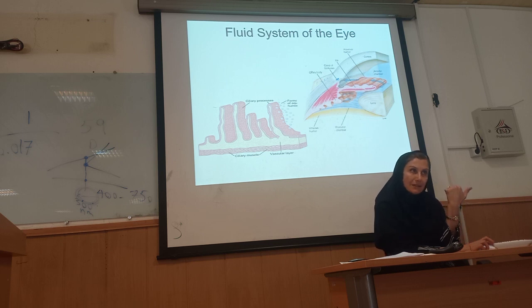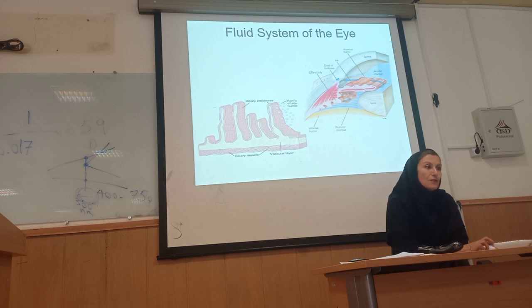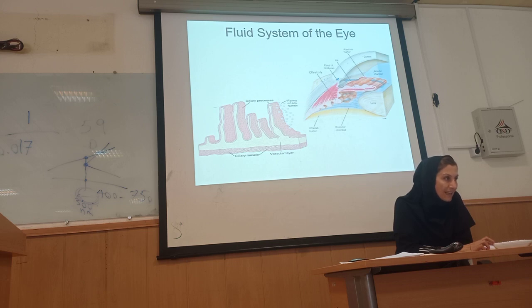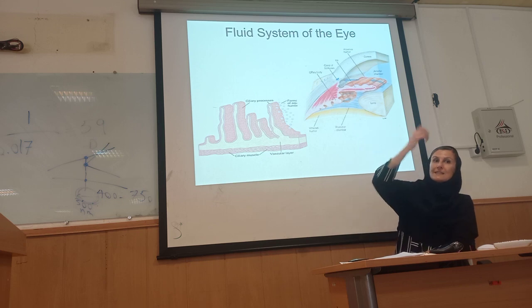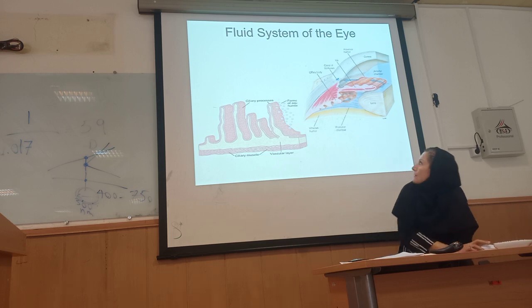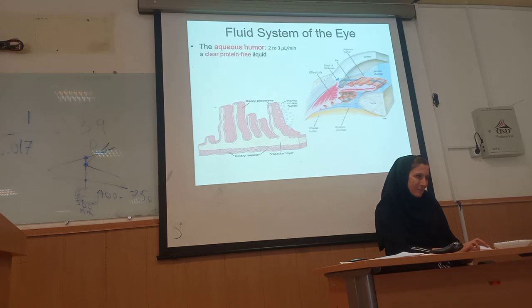The posterior chamber of the eye, and they flow to the anterior chamber, and after that, through the canal of Schlemm, they go back to the circulation. Cannot see the pointer. It doesn't work, sorry.